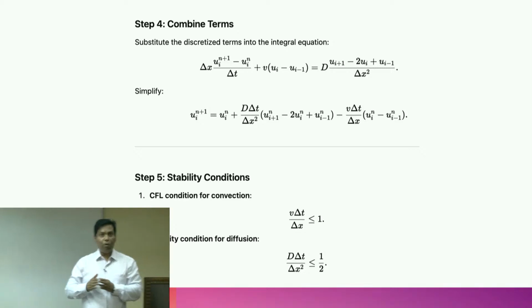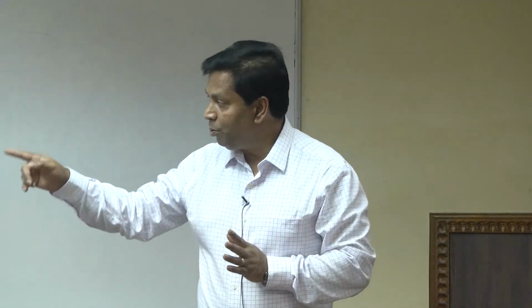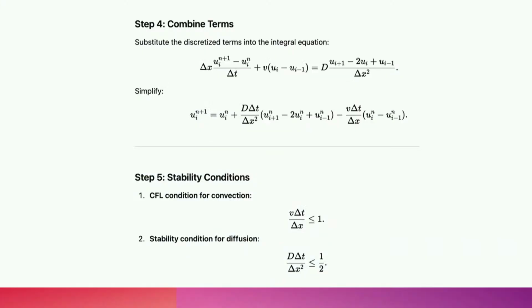So, for the implicit technique it does not matter, it is not a problem, but if you want to solve explicitly, then you have to always calculate it. What is the length of the control volume, what is your time step and the velocity, and then you have to multiply and get the value.